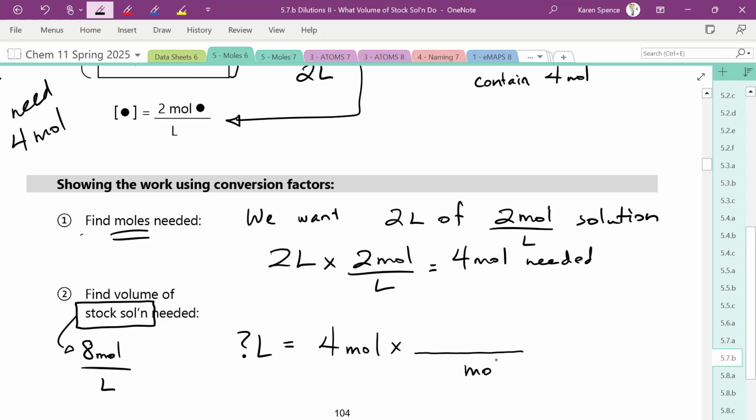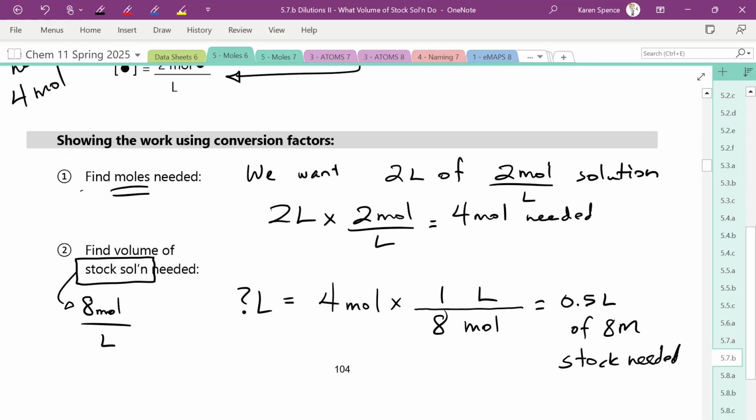Moles go on the bottom. And what goes on the top? Liters go on the top. 8 moles per liter. Yes, we flipped it upside down. That's okay. So now we have 4 divided by 8 is 0.5 liters of 8 molar stock needed. So we would take those 0.5 liters and we would dilute it to a final volume of 2 liters.